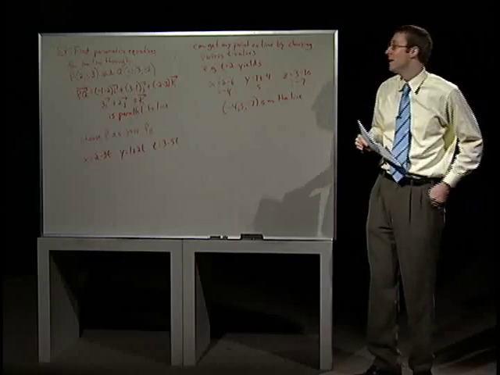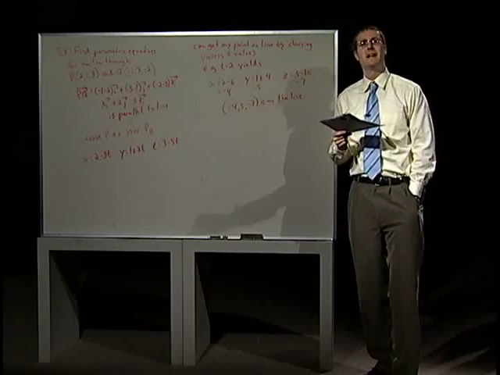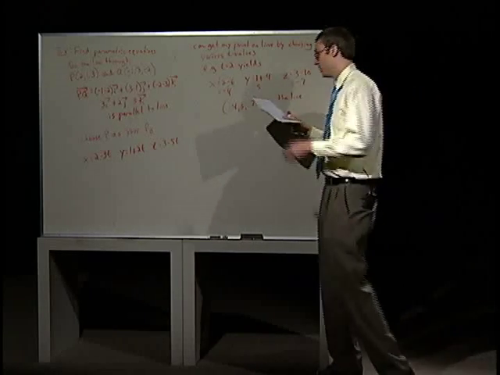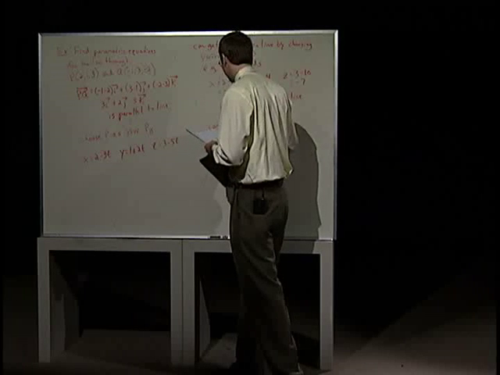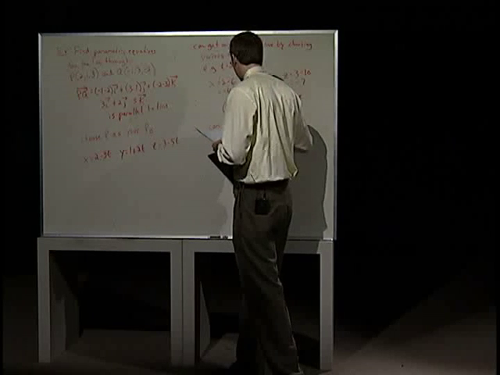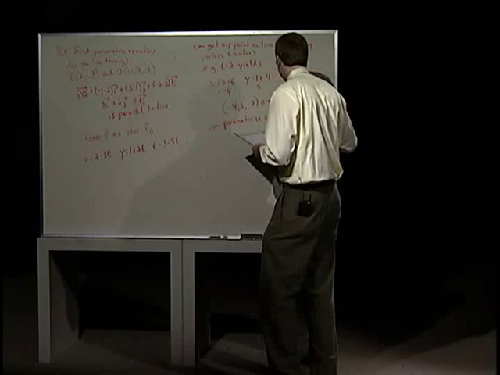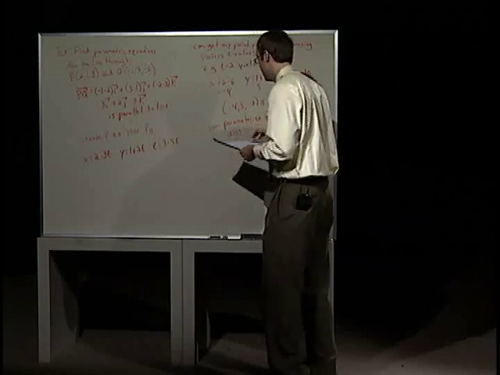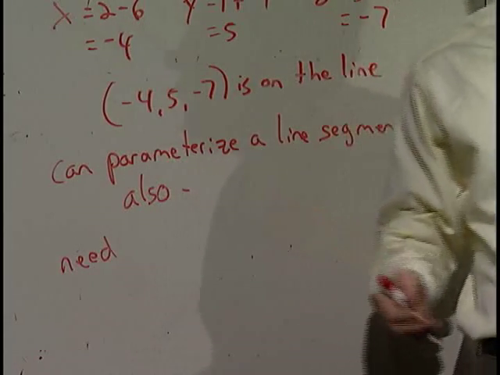All right. Well, it's not so very different if we would like to parameterize a line segment also. That has no problem with it. All right. So we can do the very same thing, essentially, only we need to restrict our t value so we can parameterize a line segment also. And the only difference here is, well, a line segment doesn't go on infinitely.